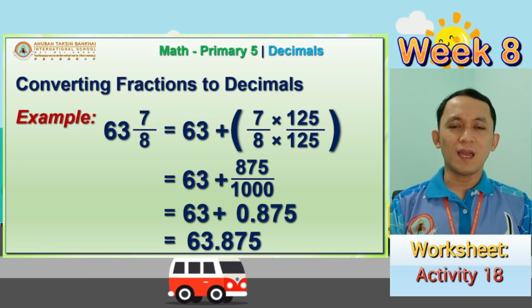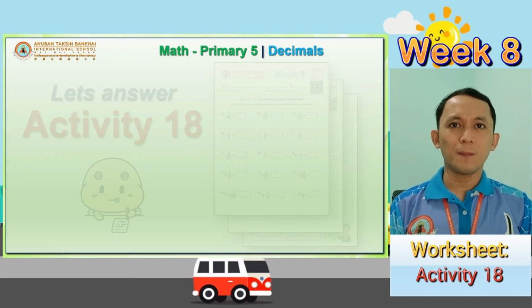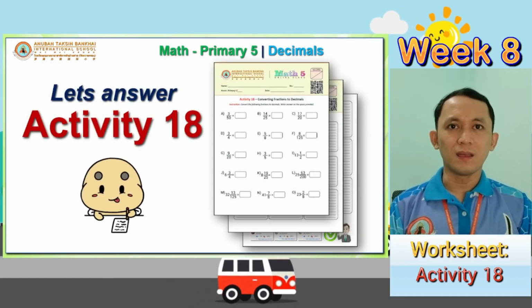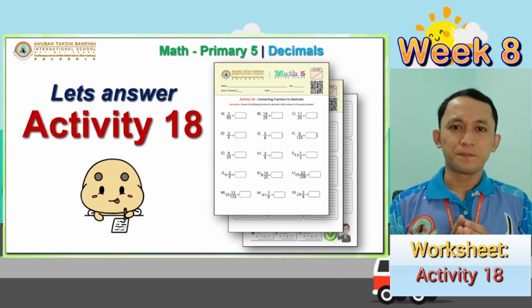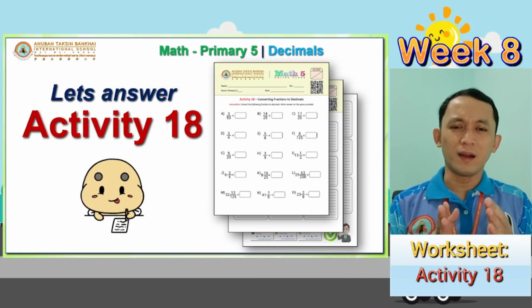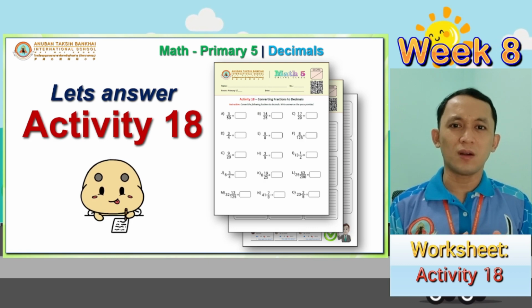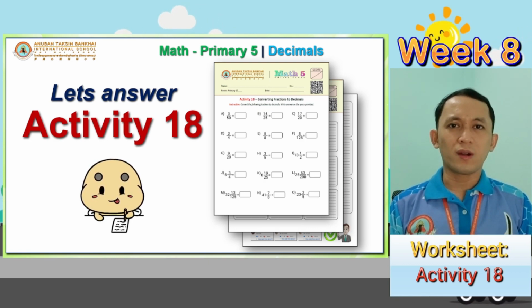So now let's answer our activity number 18. We have 15 questions. Why 15? Because some of the items are very, very easy. So let's practice more on converting fractions to decimals.